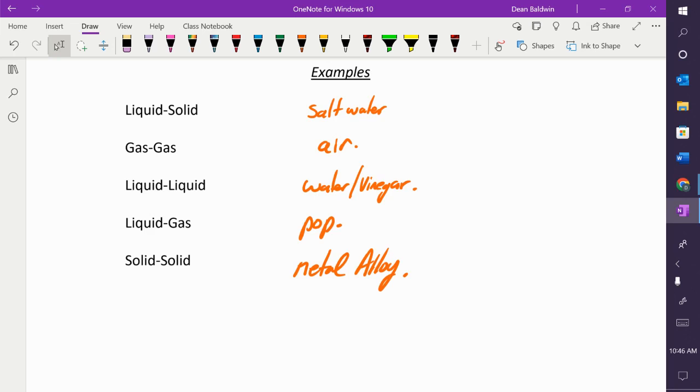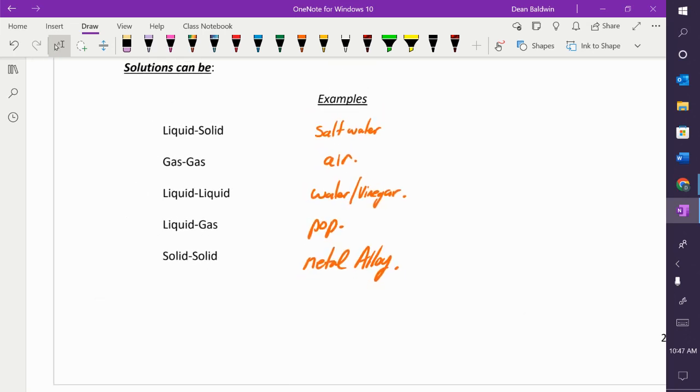Yes, that would be like an alloy. A cow's... really leaning hard into the food analogy, aren't you? Okay, we'll go with that. Okay. The point is, it doesn't have to be solid liquid.